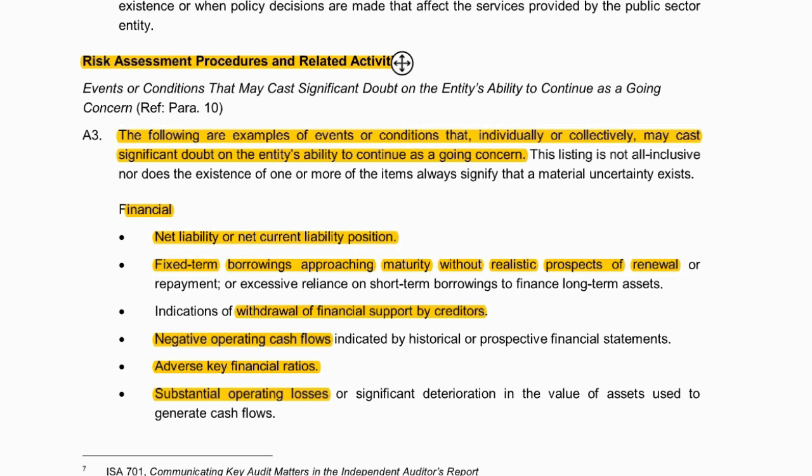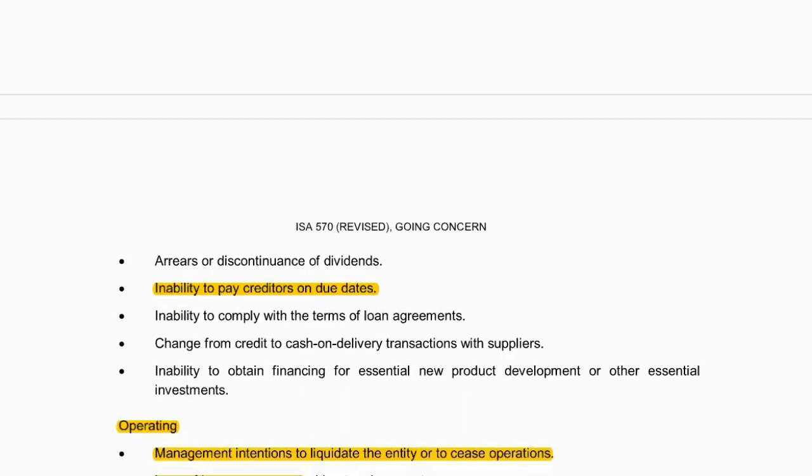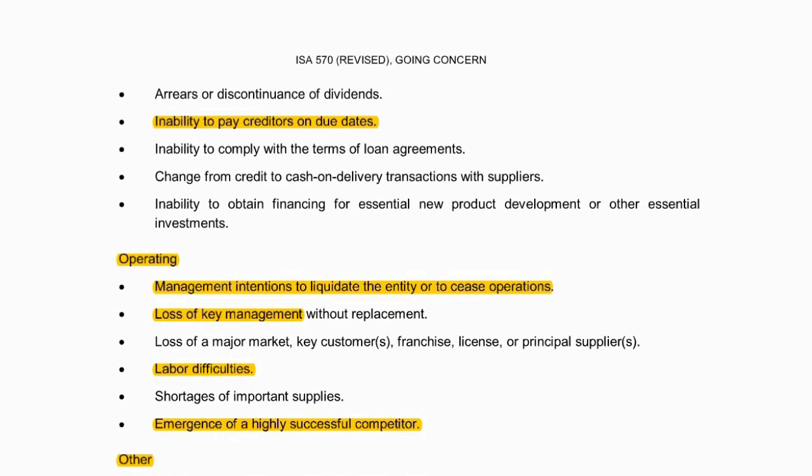So some indicators, financial: if they're in a net liability position, if there is no opportunity of renewal of their borrowings, or withdrawal of creditor support, negative operating cash flows, adverse financial ratios, operating loss. All of these we would pick up in our reading time as risks at the financial statement level.